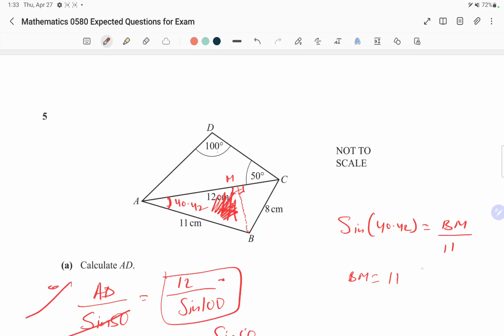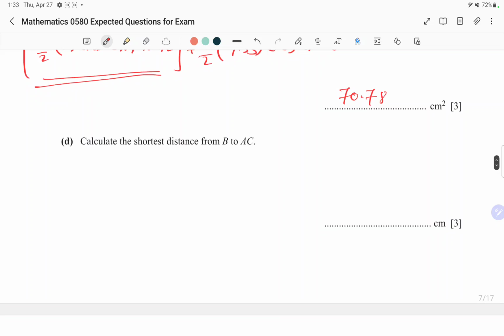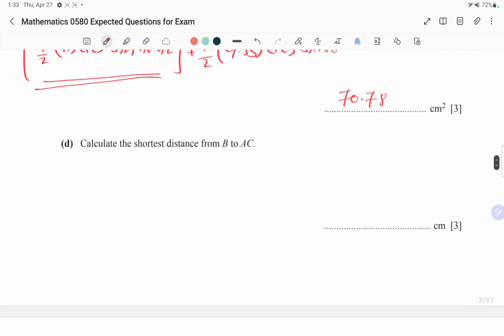So BM is 11 times sine of 40.42, which is 7.13. Of course you have to show this calculation over here.